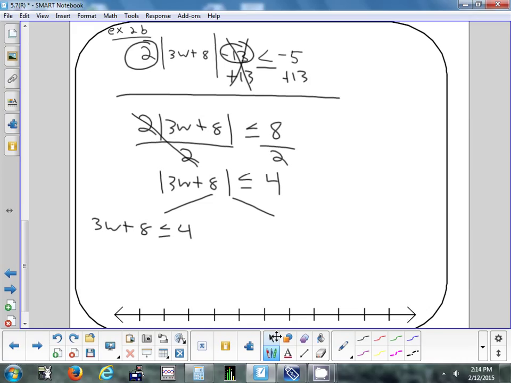Now, what word should we put here? And? Or do we put or? And. Okay. Isaiah, you're going to help me get the second inequality. What's my second one? 3W plus 8 less than or equal to negative 4. There's 2 things that need to be done. Greater than or equal to. Yeah. Who said 12?